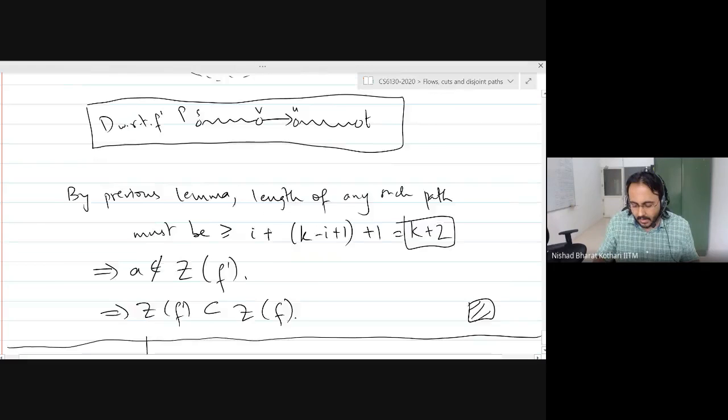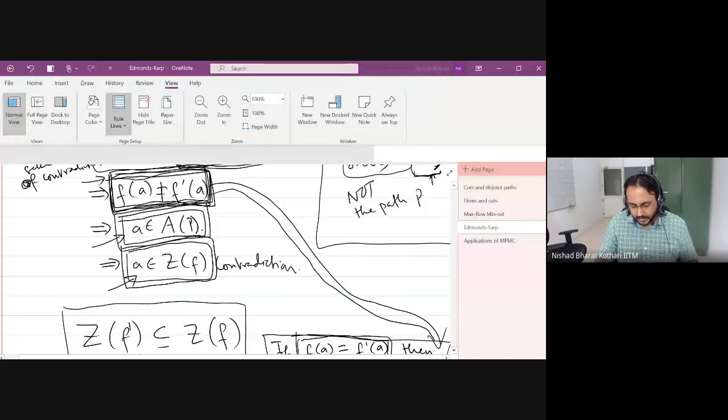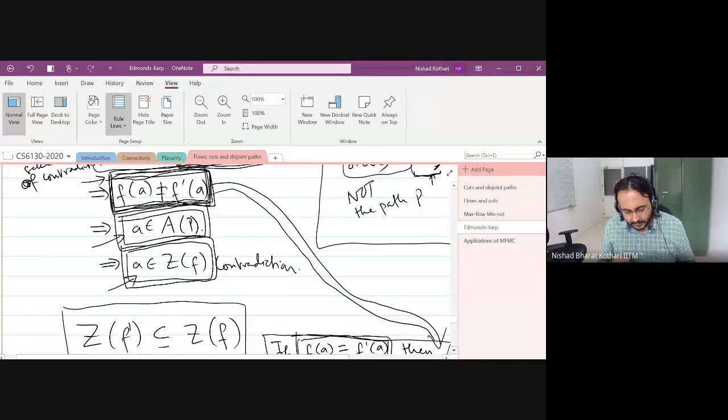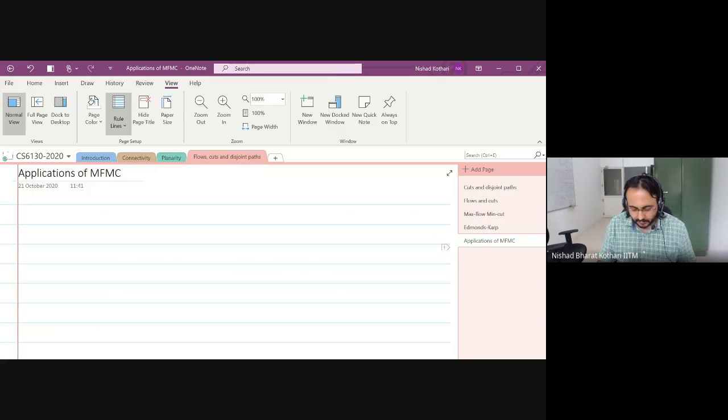Okay. And in particular, the applications we are going to be interested in this course are graph theoretical applications. And so in the next part of this module, we will discuss the applications of max flow min cut.